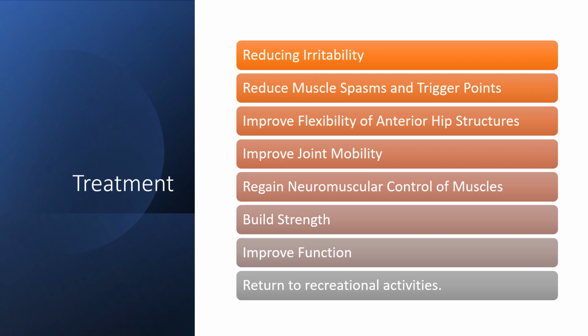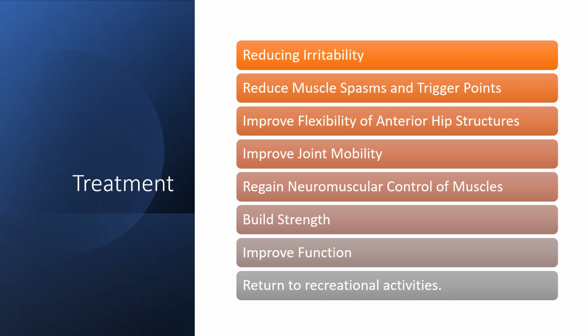Now, when we start getting into improving flexibility of the anterior hip structures, we want to also think about how to do that. You can stretch it, right? You can do the hip flexor, a quad stretch, an adductor stretch. Those are all things you can do as part of a home exercise program.